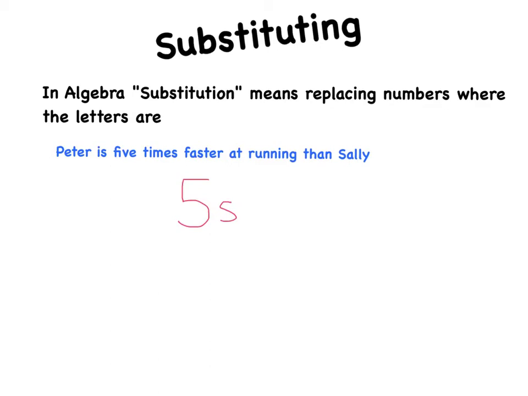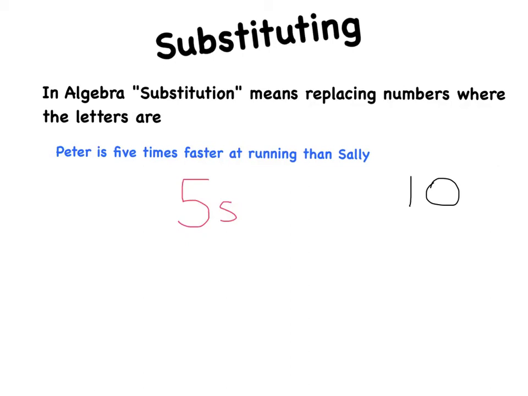So say, for example, you got this question and it said, okay, Sally ran 10 kilometers in an hour. In 1 hour she ran 10 kilometers. How far did Peter run? Okay, so we've got this idea that he runs 5 times faster.